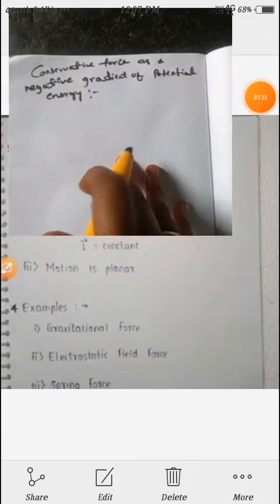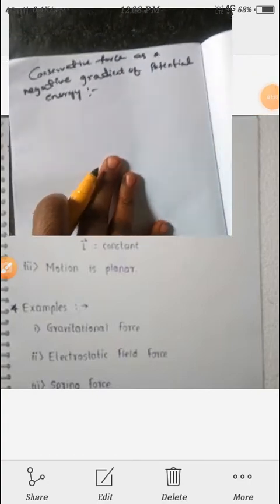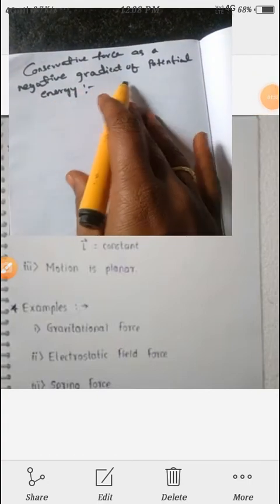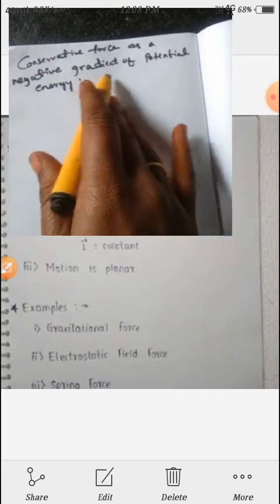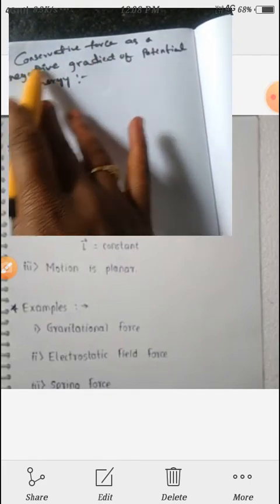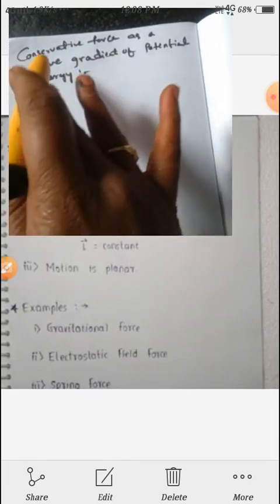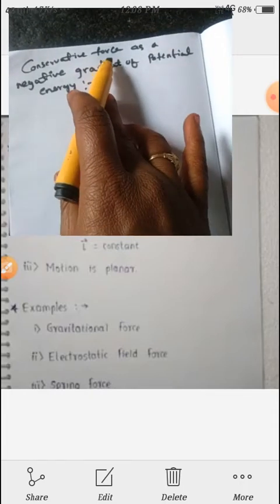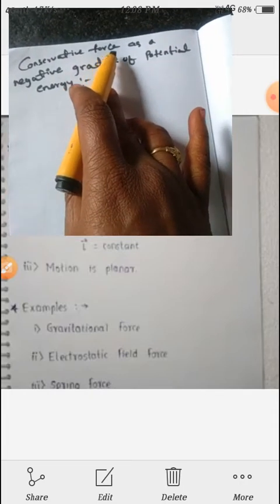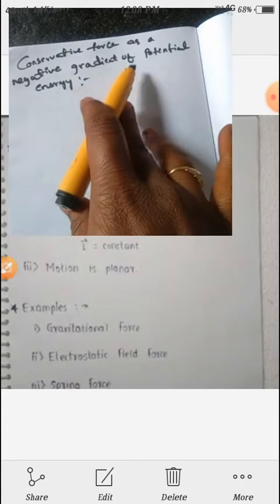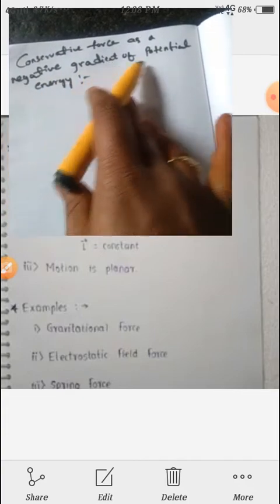So next, another important topic: conservative force as a negative gradient of potential energy. Here conservative force, just now we discussed, conservative means constant force. If force is represented symbolically as F, then F is the negative gradient of potential energy.